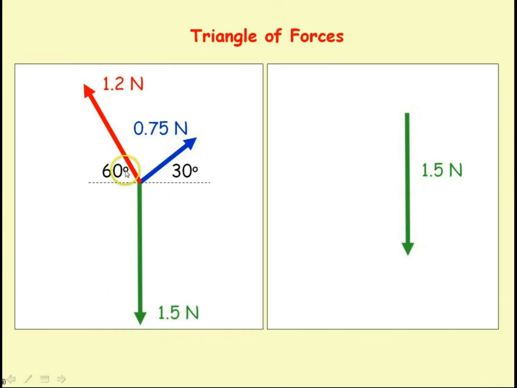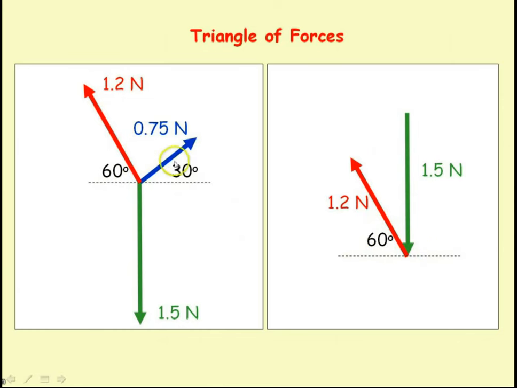So we'll add on the red force of 1.2 newtons, but it's acting 60 degrees from the horizontal. So let's draw a horizontal line, and then we need to draw the 1.2 newton force at an angle of 60 degrees relative to the horizontal.